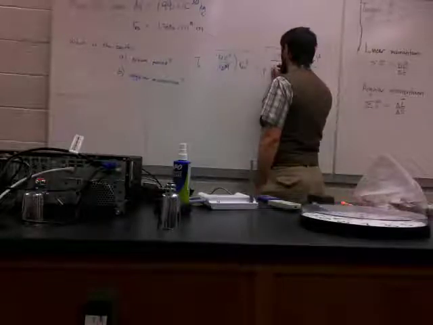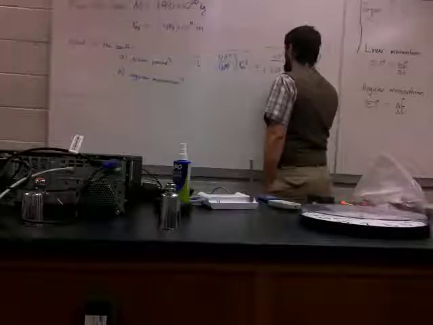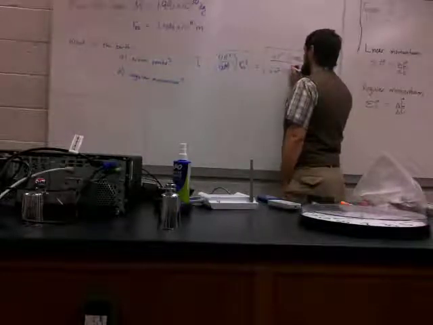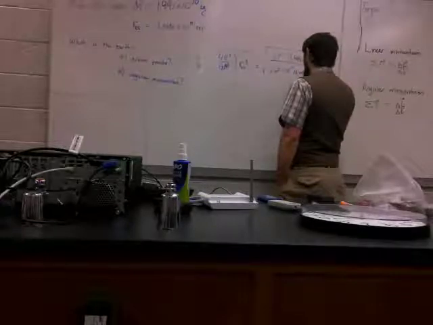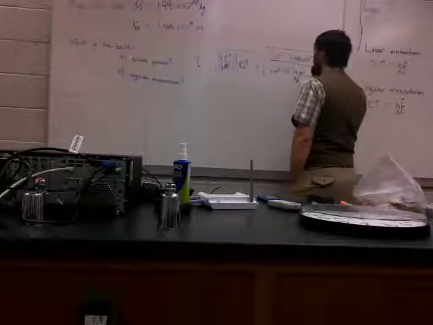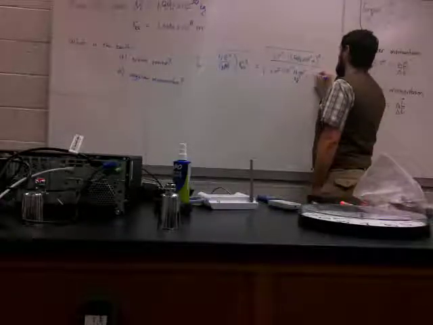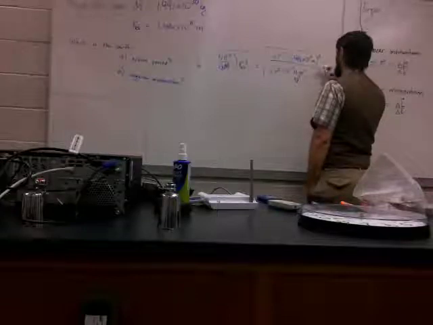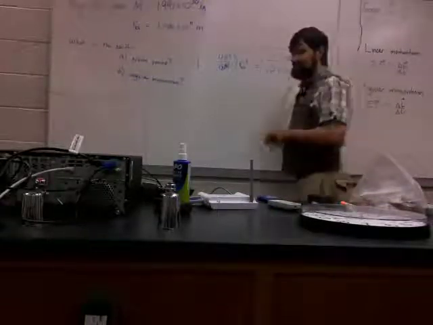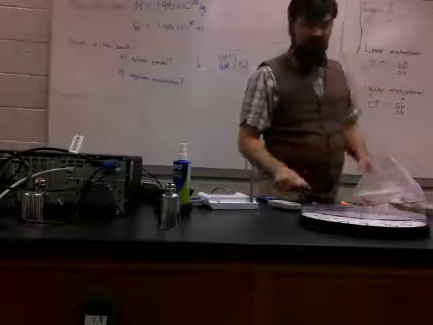And then G is 6.67 times 10 to the minus 11 Newton meters squared per kilogram squared. And the mass of the sun is 1.991 times 10 to the 30th kilograms. So we've got to plug all that into a calculator.